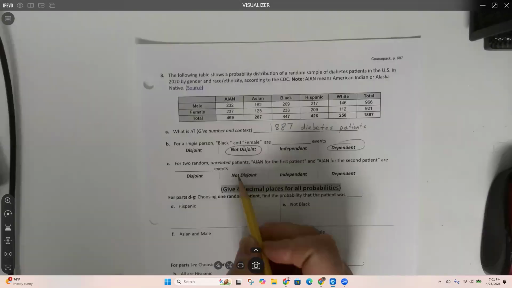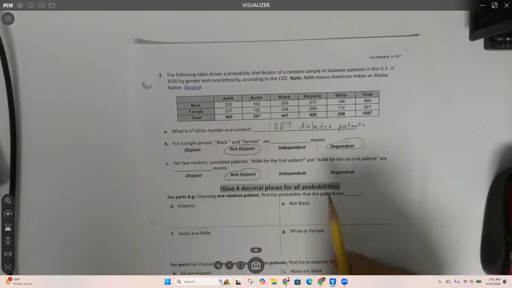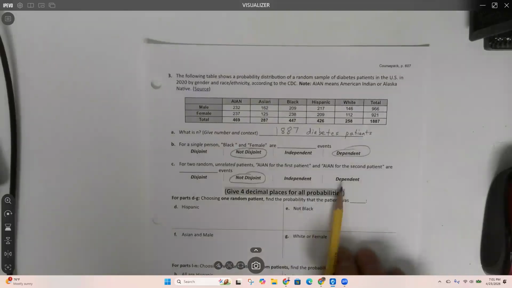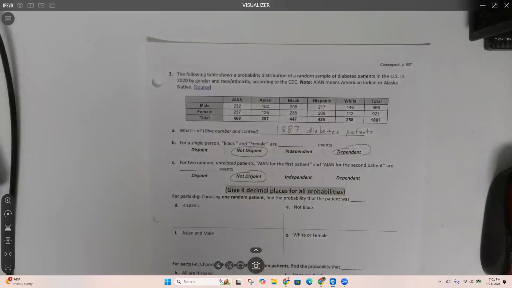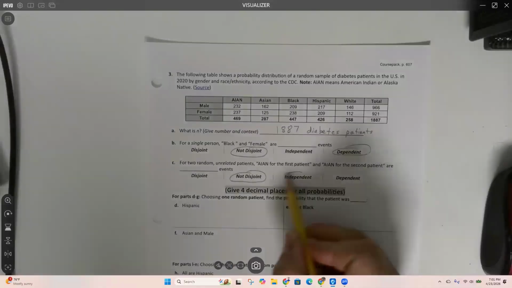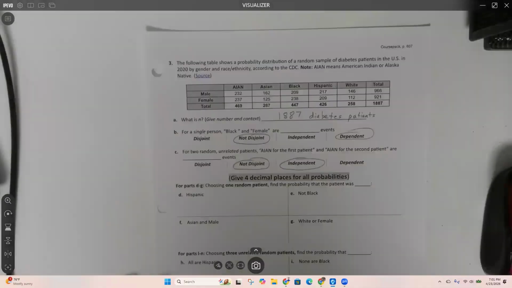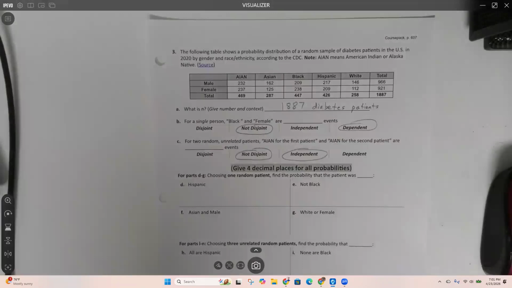Yes. These are not disjoint. Are they independent or dependent? Independent, that's correct. Mariah says they're independent, yes.